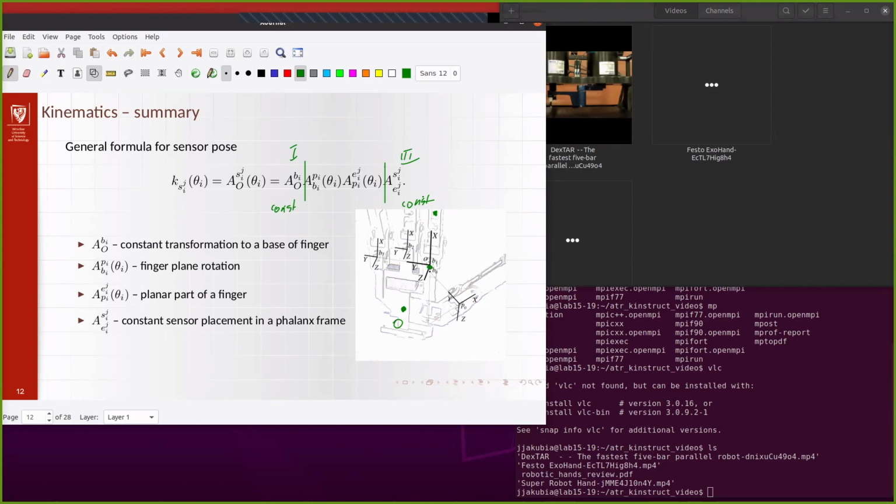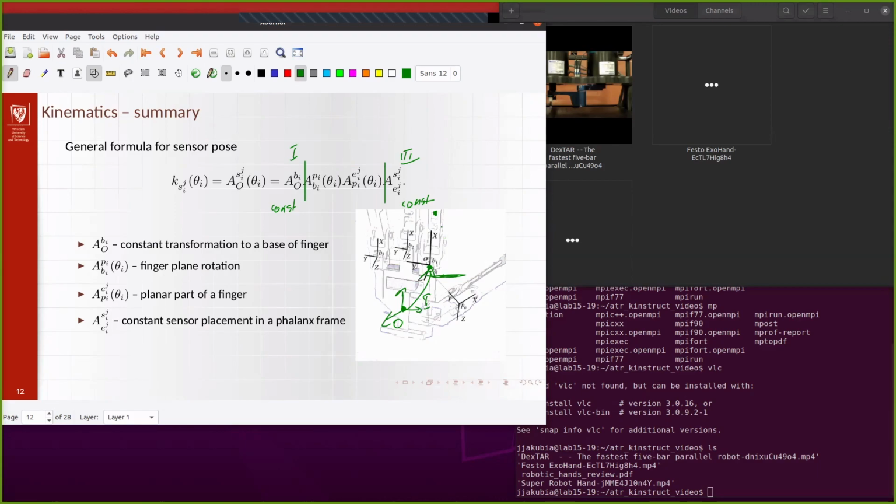If you treat this finger as a separate manipulator, you could say this finger is attached at this point, and this is our base because we are rotating at this point. But in fact, if we want to control all fingers in a common coordinate system, we need a common coordinate system position. So this part will be our first transformation.